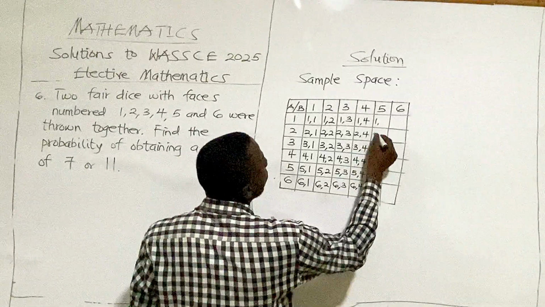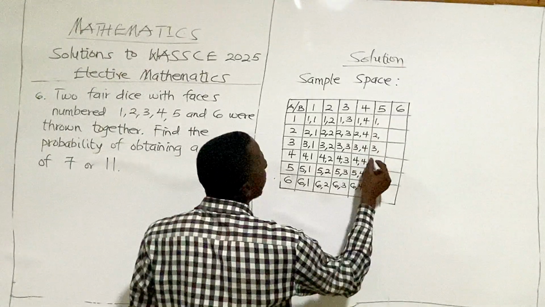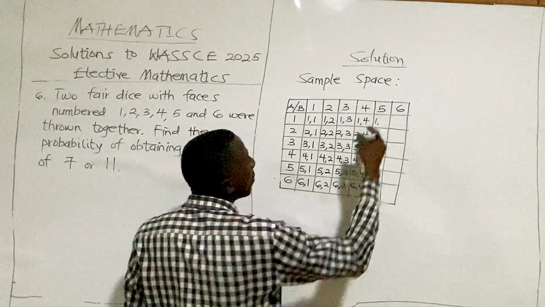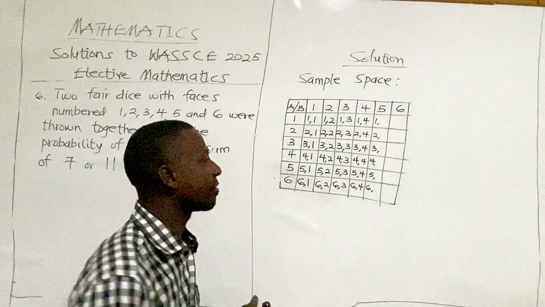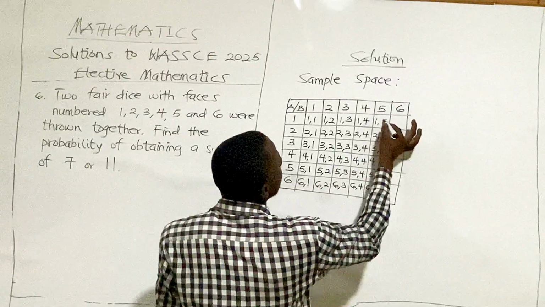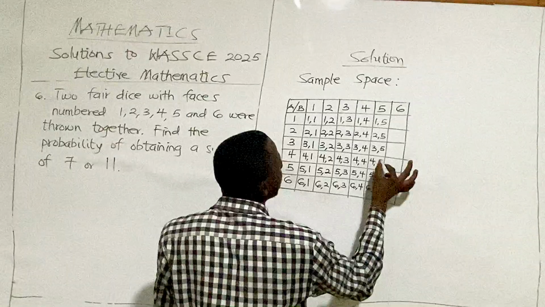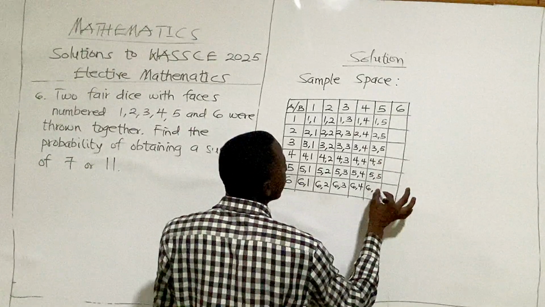The next one: 1, comma, 2, comma, 3, comma, 4, comma, 5, comma, 6, comma. What number do we have on top? 5. So 5, 5, 5, 5, 5, 5.